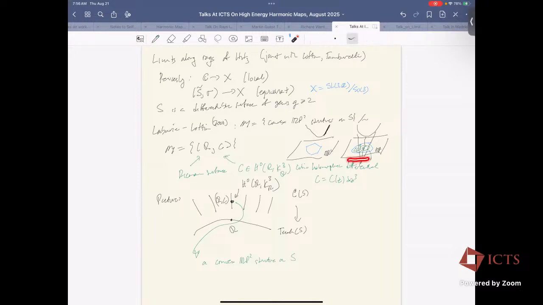represent in this way with some group action on the structure. So maybe I'll try to draw it bigger.